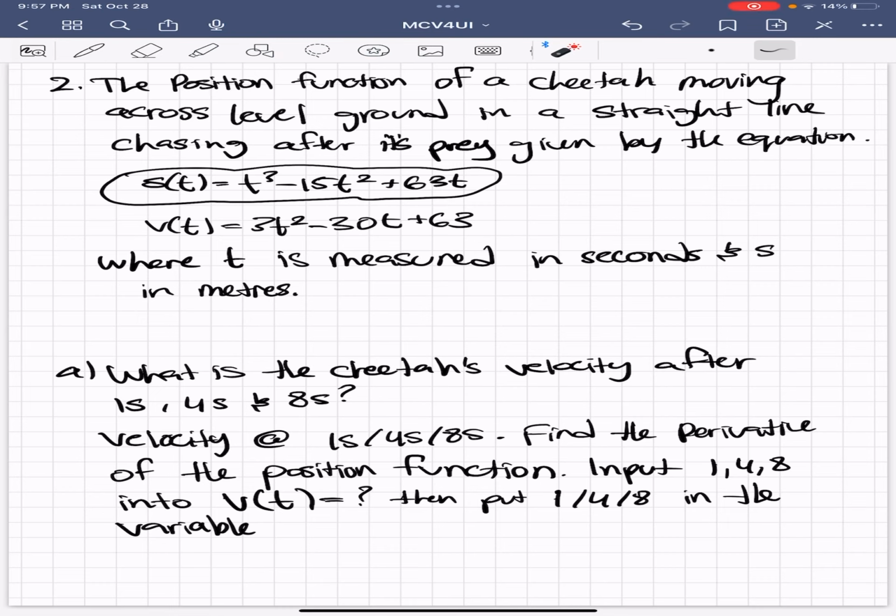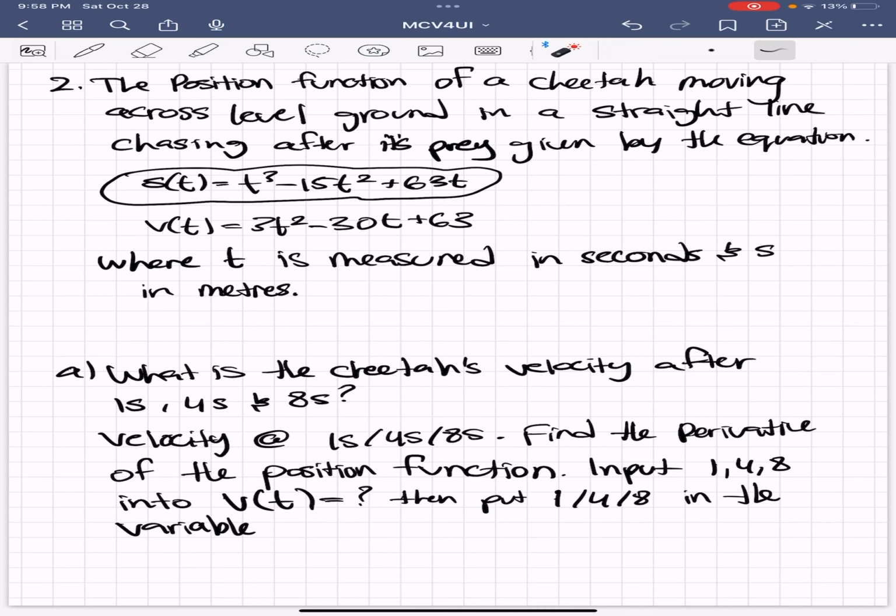So what is the cheetah's velocity after 1 second, 4 seconds, and 8 seconds? The velocity at 1 second, 4 seconds, and 8 seconds. Find the derivative of the position function. So we find the derivative by using our various rules, like the power rule, the product rule, the quotient rule.